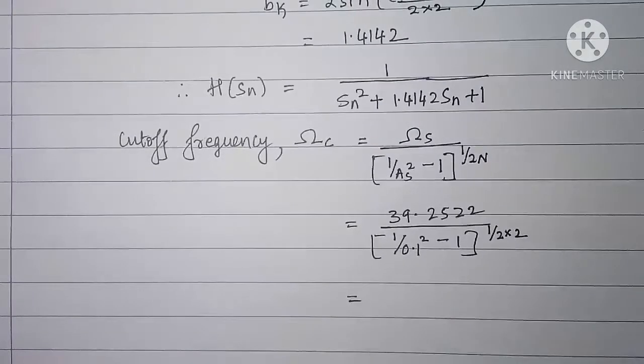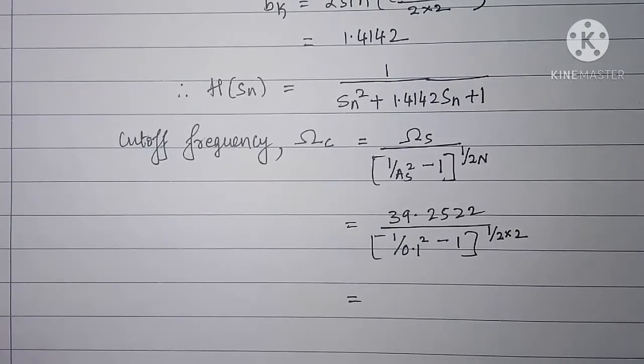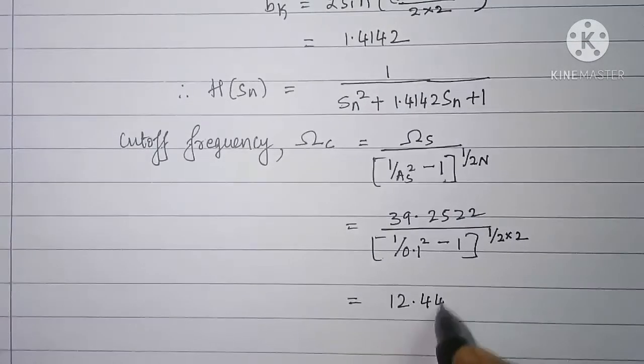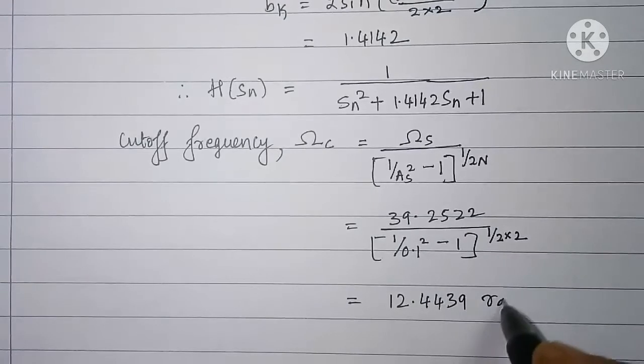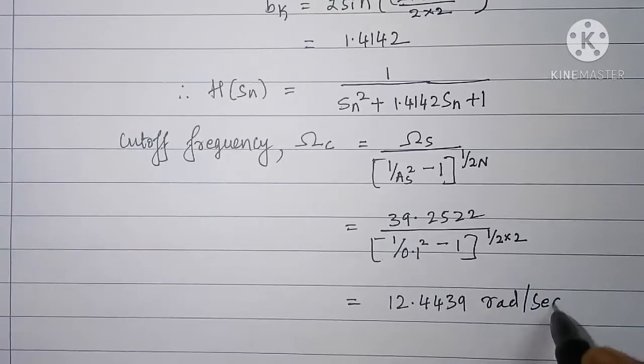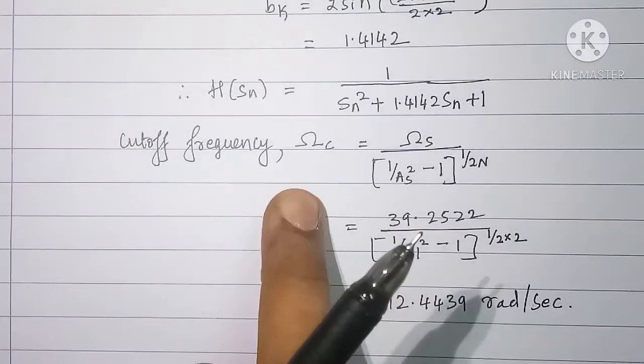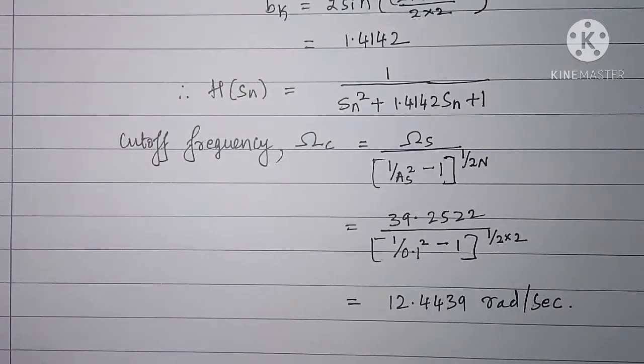On simplification we get omega c as 12.4439 radians per second. Radians per second because omega c is analog frequency.